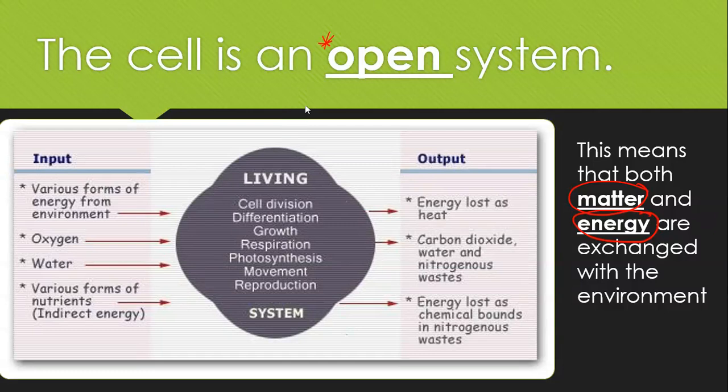Usually energy is also given off by the cell, and that energy can be in the form of heat, or in the form of ATP. Or if you're a plant, you produce sugars which have chemical energy and you release those. So both matter and energy are exchanged, and by exchange I mean input and output with the environment.